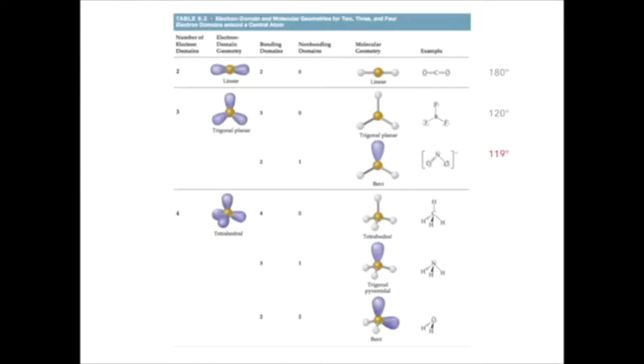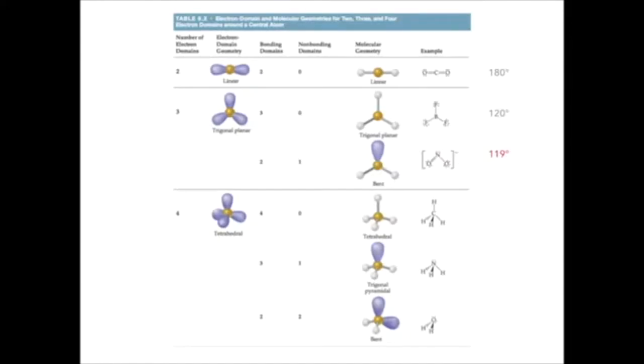If I have 4 electron domains, 4 bonding and no non-bonding, again, my molecular geometry and my electron geometry are going to be the same, and it's going to be tetrahedral. Now, if instead I have 3 bonding domains and 1 non-bonding domain, like in NH3, notice it's 3 bonding because you have 3 hydrogens, and then 1 non-bonding because you have 1 lone pair of electrons there, then the molecular geometry is going to be trigonal pyramidal.